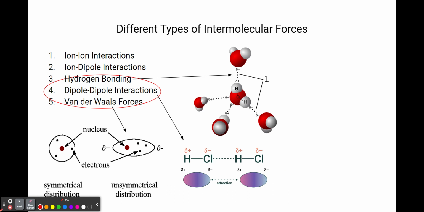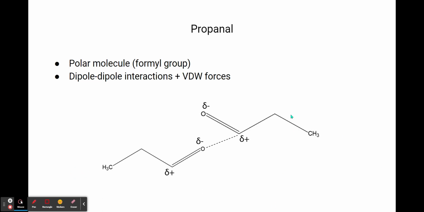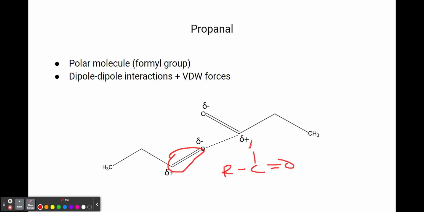Moving on, let's start taking a look at some of the molecules that we have. Propanal is a polar molecule with a formyl group that I am circling in red. It is a C double bond O group, and the oxygen of this group carries a partial negative charge, and the carbon carries a partial positive charge.